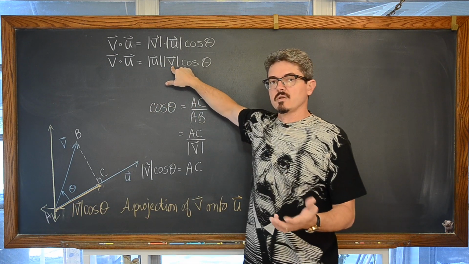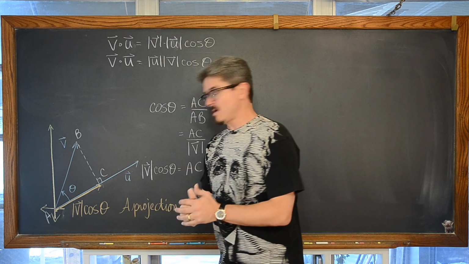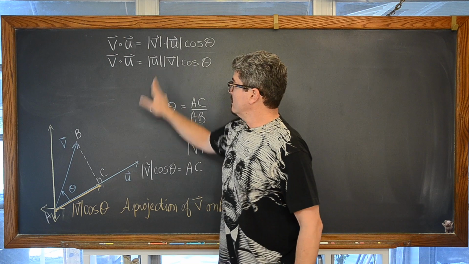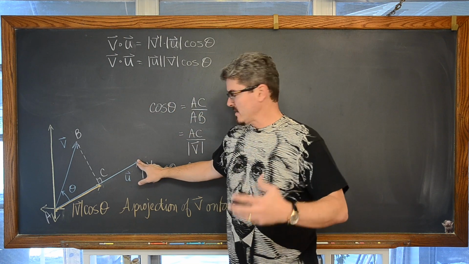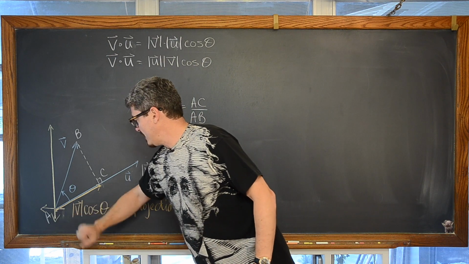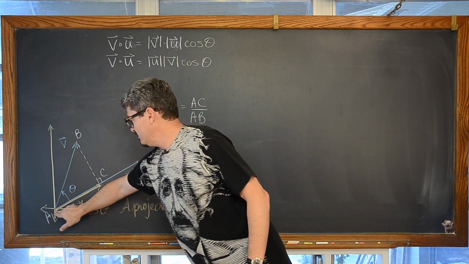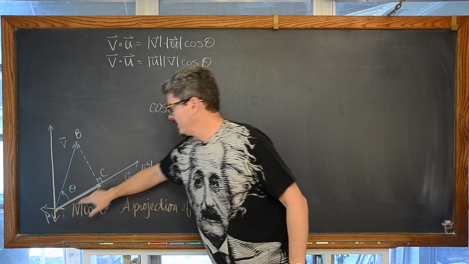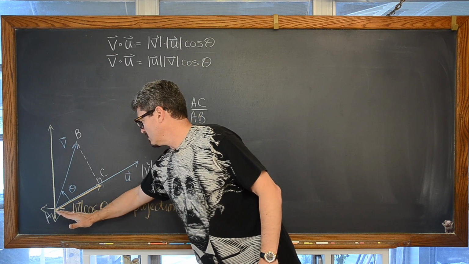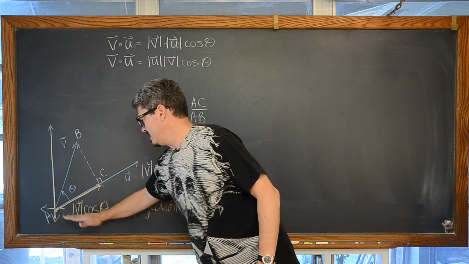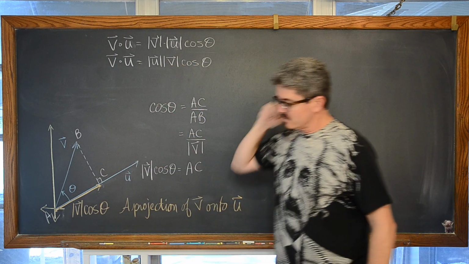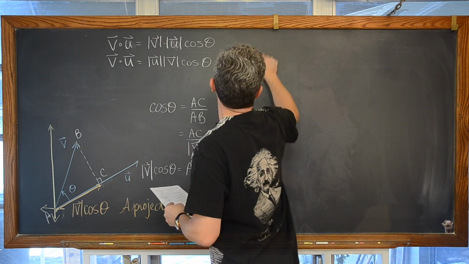So you're really just looking at two magnitudes going in the same direction: the magnitude of u, and this length, like AC, the part of vector v that's along the same direction as vector u.